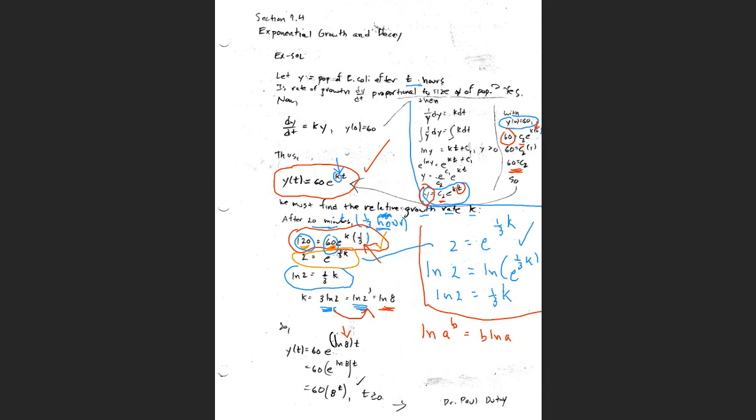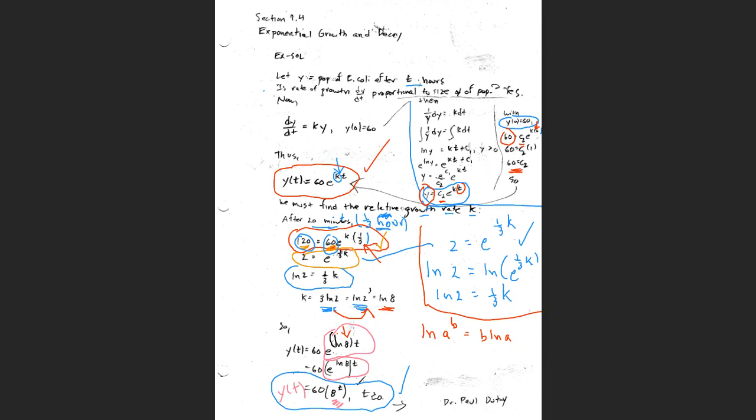What I'm trying to say is we rewrite this e to the power log of 8 times t, and we can write it as e to the log of 8 raised to the tth power. Now, why is that nice? Because e to the log of 8 just becomes 8. And so y of t will equal 60 times 8 to the tth power, where t is greater than 0.